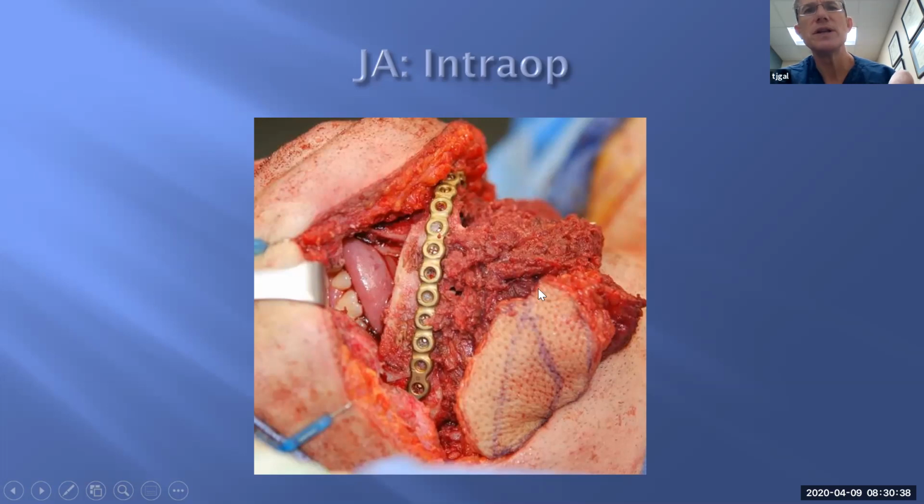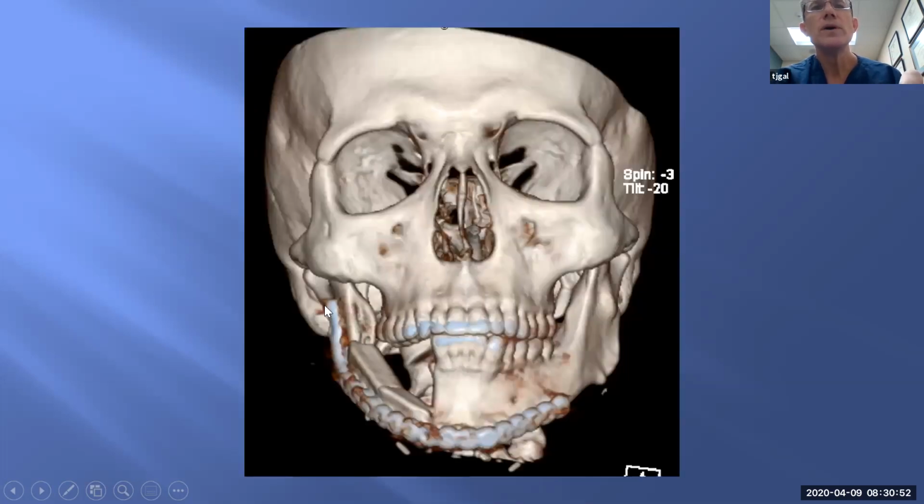So there is a skin paddle that'll go internally. This gets flipped in there, but that's your fibula. From about there to there's mandible there. And so there's your post-op reconstruction. Good sized plate, healthy bone, well healed. He subsequently did well.